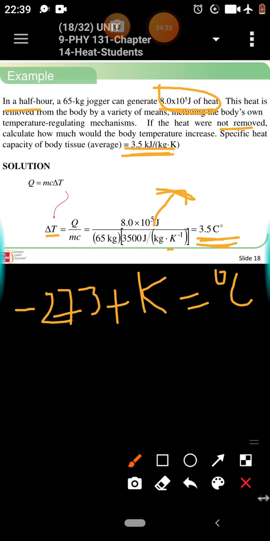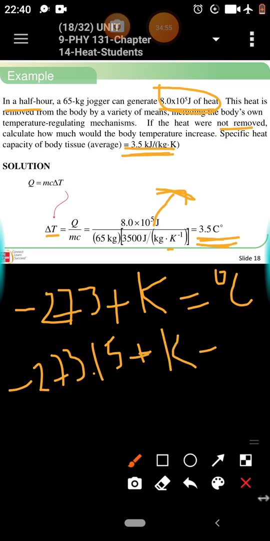Maybe negative, I'm not sure, I'll check. But I think the more accurate formula would be like this: Kelvin is equal to degrees plus something, like this. So this is how you can convert into degrees.